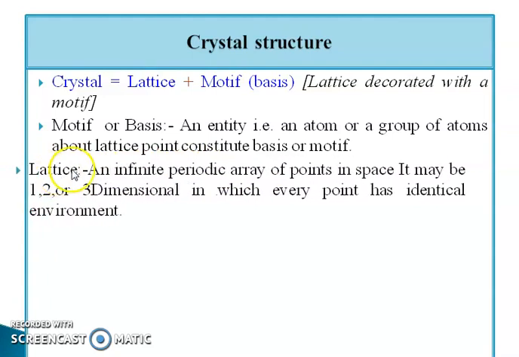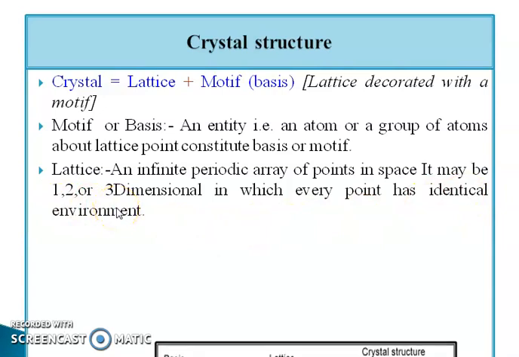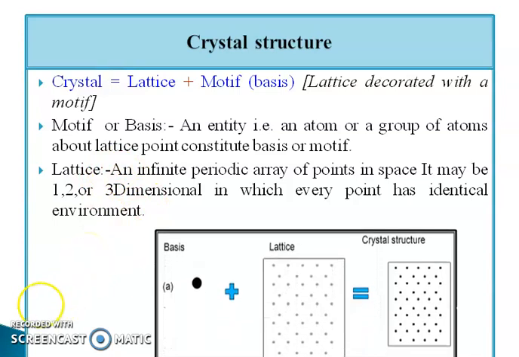Lattice is an infinite periodic array of points in space. It may be 1, 2 or 3-dimensional, in which every point has identical environment. This can be clearly observed with the help of this figure that consists of a basis plus lattice, and both together constitute a crystal structure.